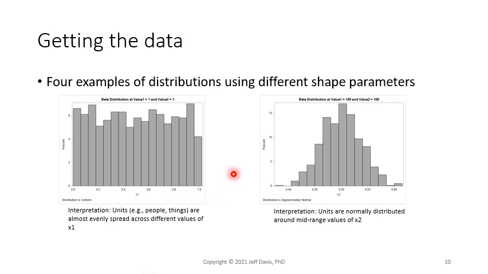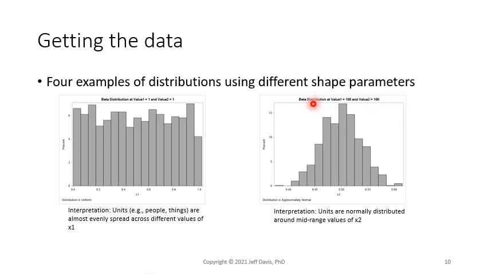So in my case, if the values here represented crime rates, I would say all small cities are almost evenly distributed across crime rates. In other words, some small cities have very low crime, but almost an equal number of cities have high crime rates.